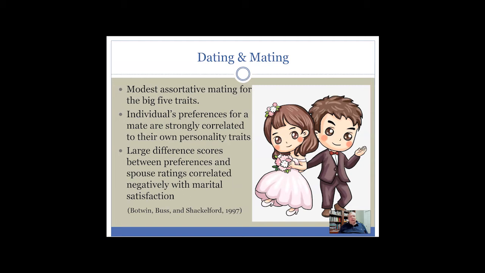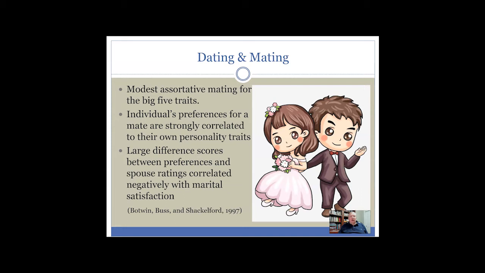In a twist to the study, we calculated difference scores between the observer ratings of the partner and the preference ratings of the partner. We found the bigger the difference, the less marital satisfaction, with 2 special caveats.